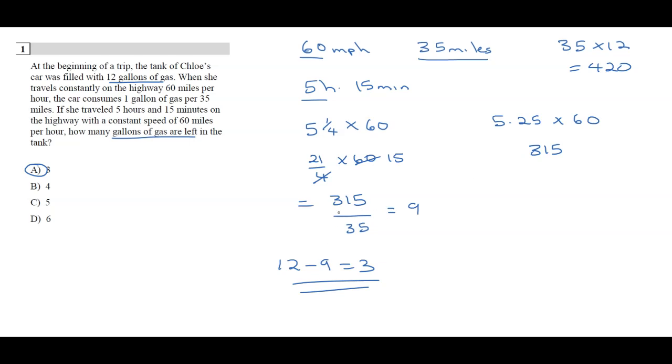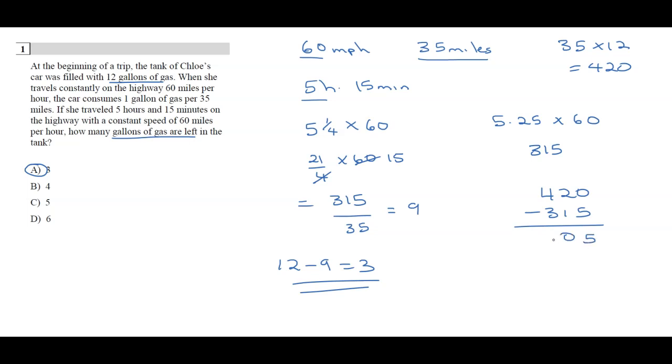So here now you can say, instead of doing it this way, you can also say because she traveled 315 miles and the maximum she could travel with that amount of gas is 420, then there are 420 minus 315 miles left on the amount of gas that she has in the car.